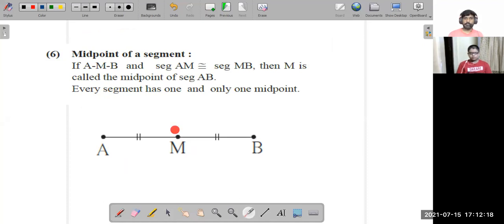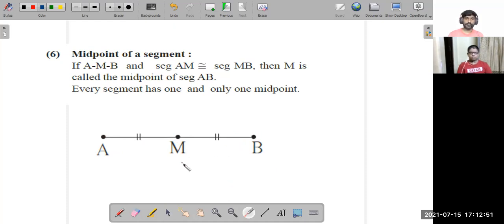If point M is between A and B, and point M divides the segment AB into two equal parts. First of all, point M should be in between A and B. Secondly, this point M should divide the segment AB into two equal parts.